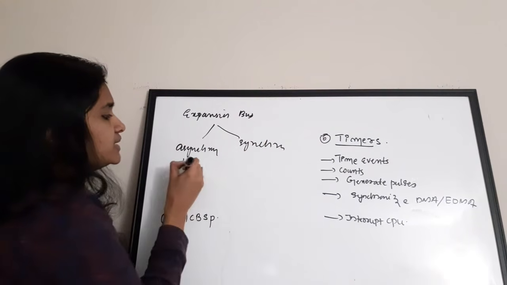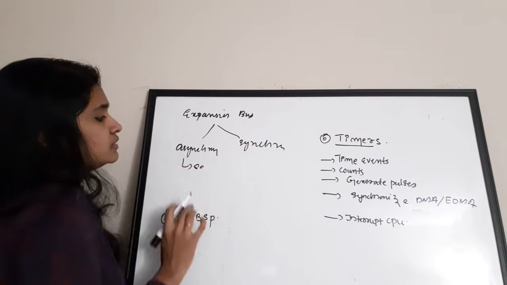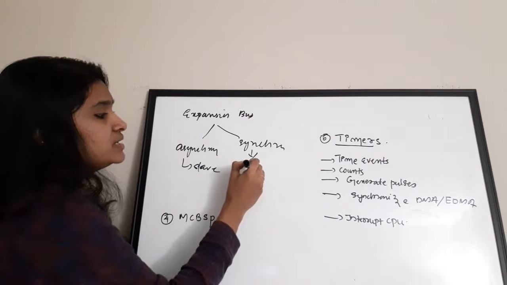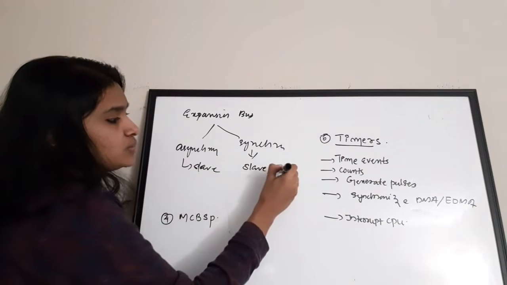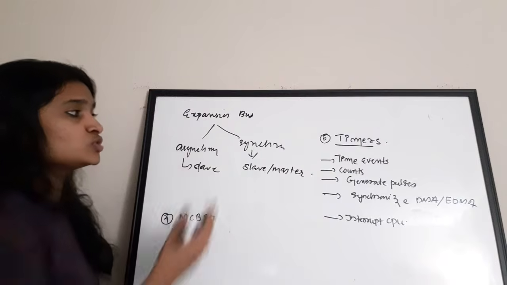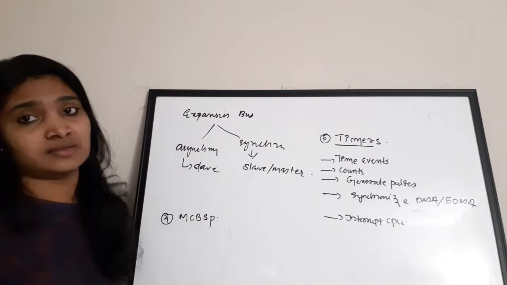In the asynchronous mode, it acts as slave, and in synchronous mode there are two possibilities, slave and master mode. So the expansion bus has two modes of operation, synchronous and asynchronous.